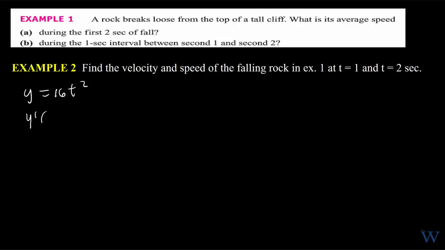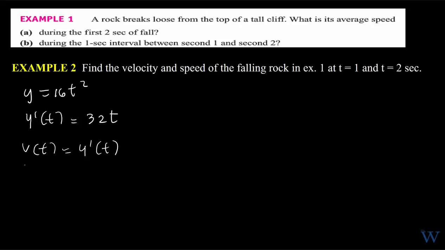So y prime of t would just be 32t because of the power rule, and then multiplied by the constant rule. So this is just a derivative. Okay, and then to answer the velocity and speed of the falling rock at t equal to 1, that's your velocity, which is y prime of t.